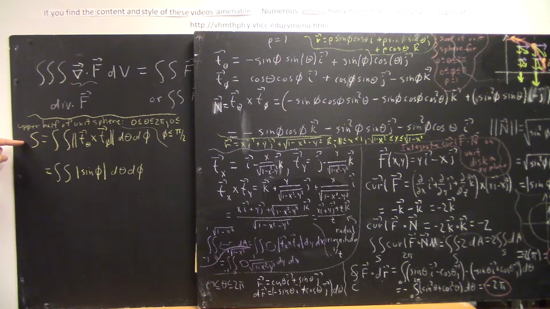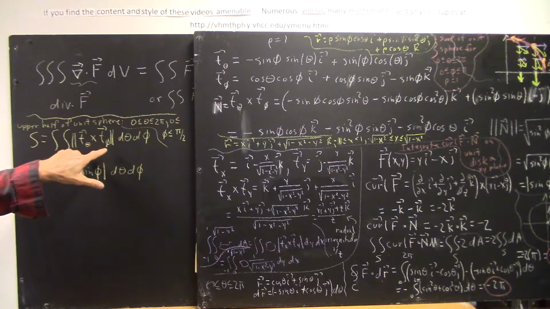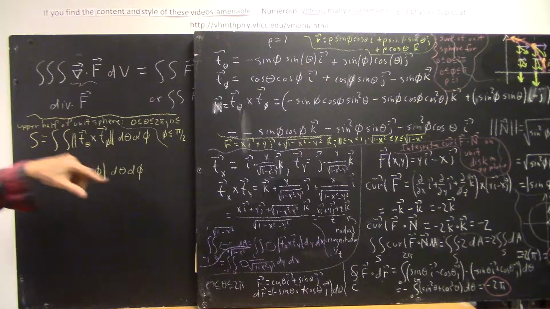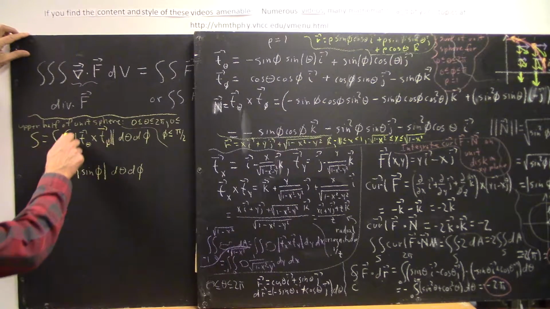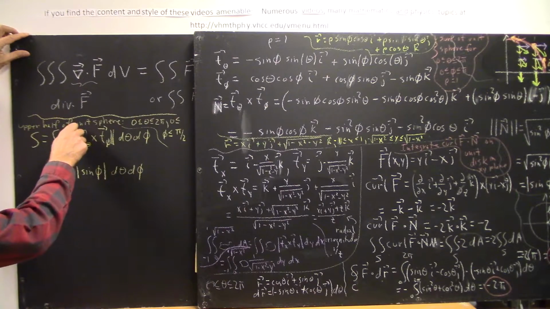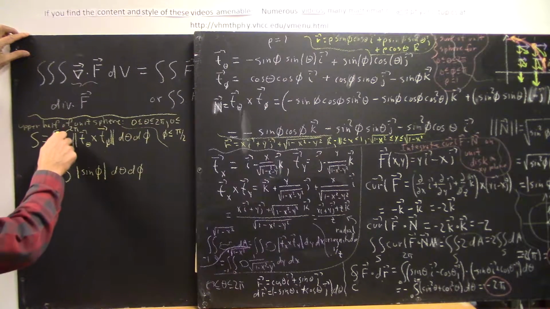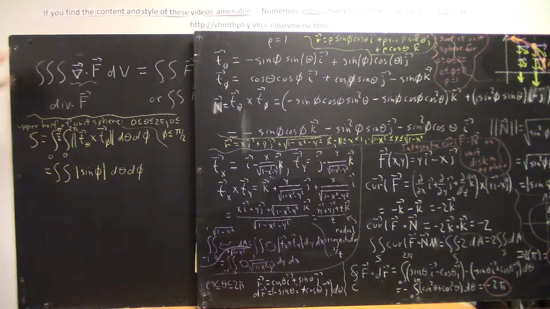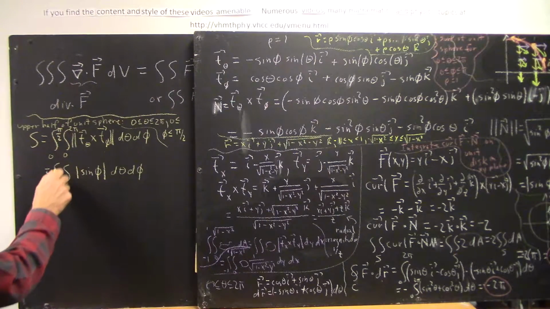This means that our surface area is going to be the integral of the magnitude of this cross product times d theta d phi, integrated with respect to theta and phi. What are our limits on the integral? Well, theta goes from 0 to 2 pi, and phi goes from 0 to pi over 2.